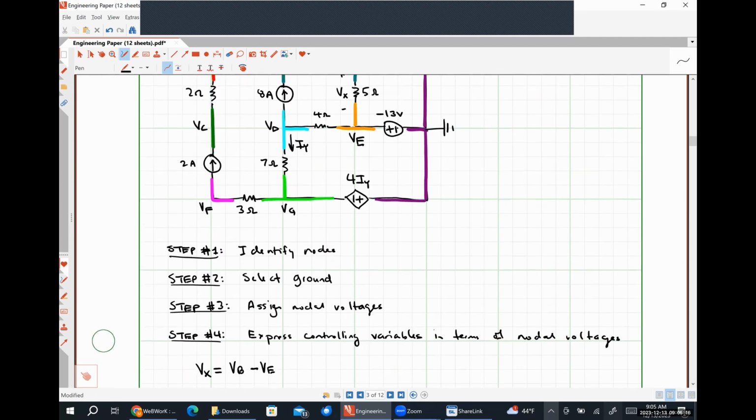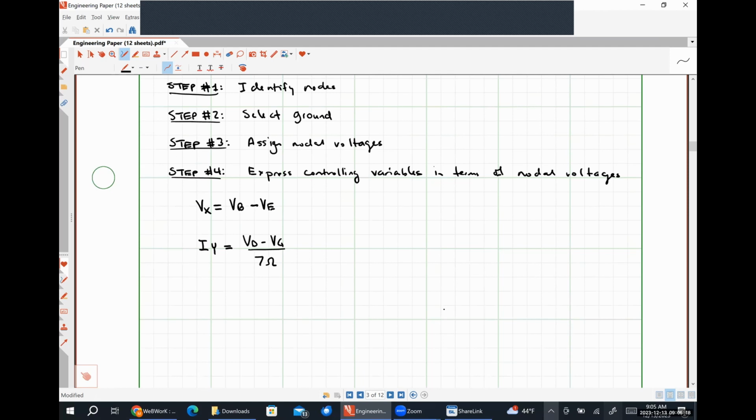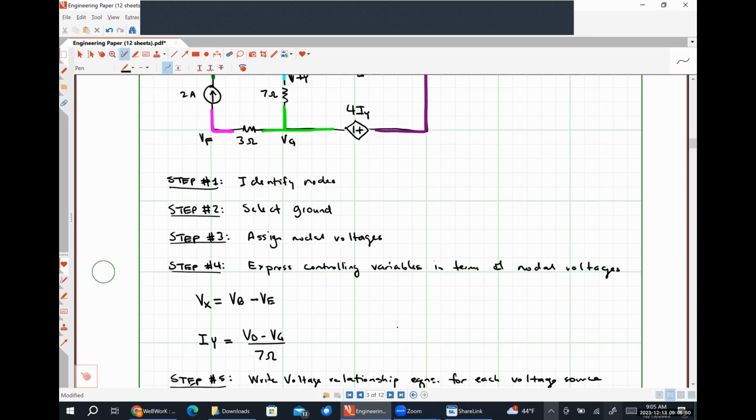Okay. So now we're going to go on to step 5, which, because we have voltage sources, is to write voltage relationship equations for each voltage source. So I've got 3 voltage sources.